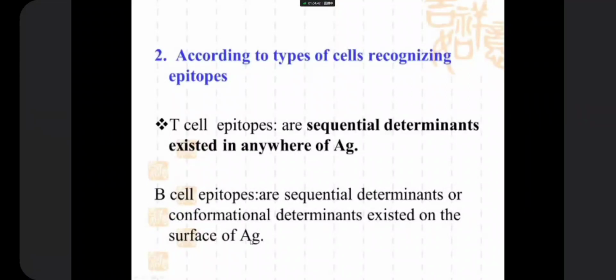So according to the definition, we know the B cell epitopes are usually functional because they exist on the surface of antigen. It can be recognized by the T cell or B cell easily.